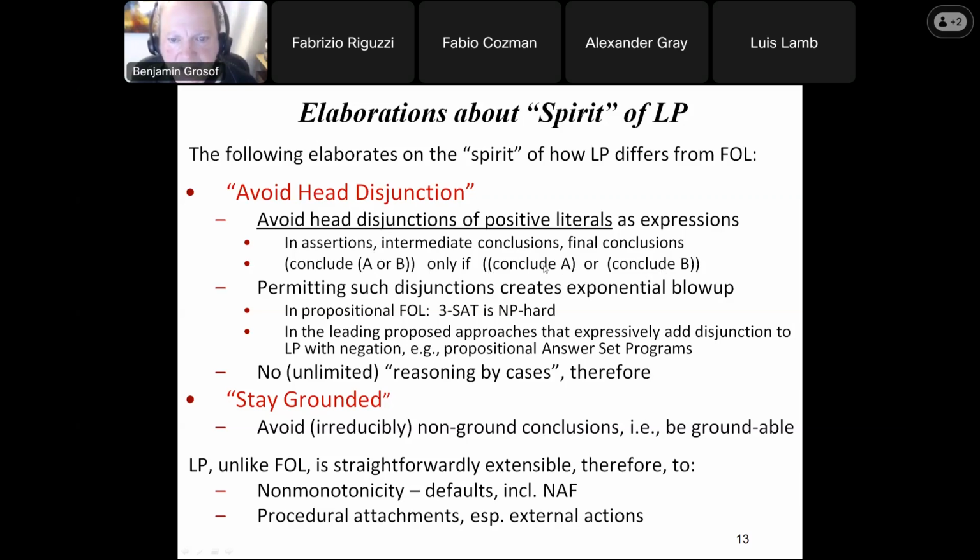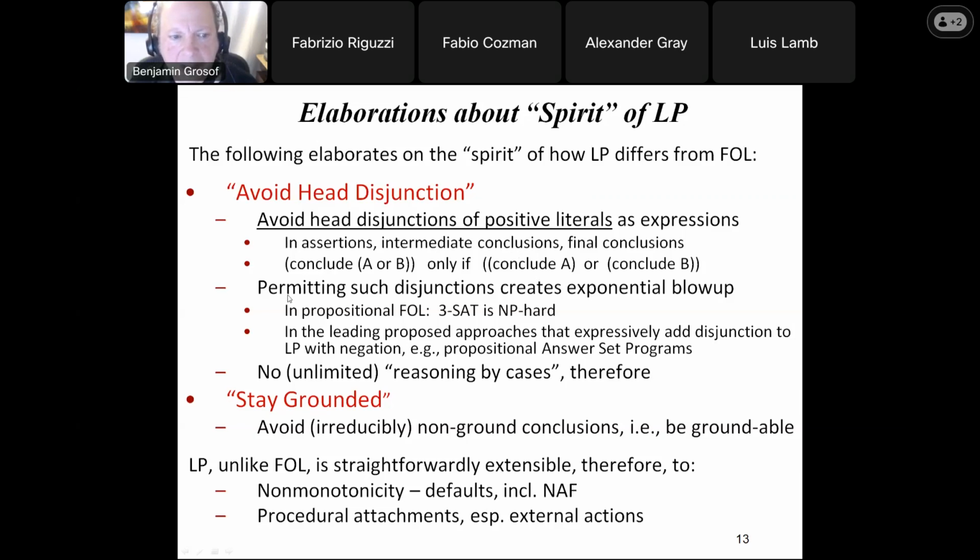So that's a kind of meta step where we're bringing in a kind of property of the proof theory into the behavioral specification and essentially semantics of LP, that is proof theory as compared to a classical type of approach.